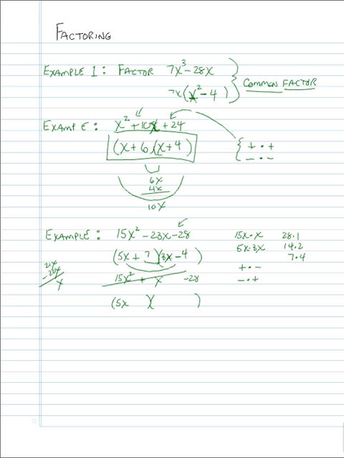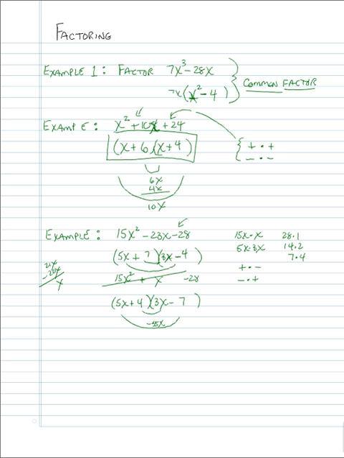Now, we don't necessarily need to change our numbers. We might just need to change where we put them. We might put the 4 in this place and the 7 in this place. Now, we might be able to check real quickly here and notice that, look, 5x times negative 7 is negative 35x.